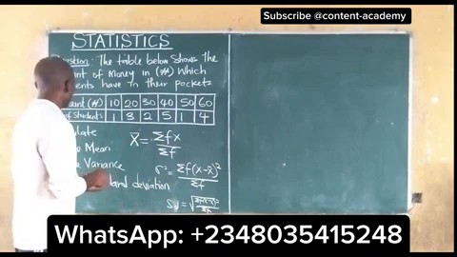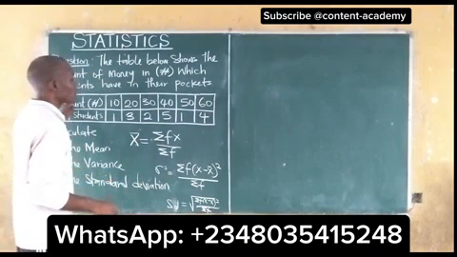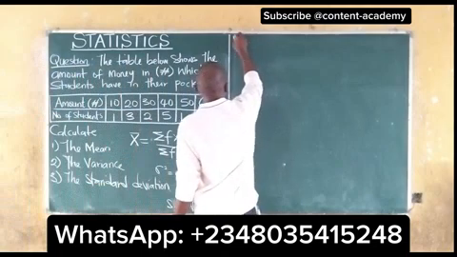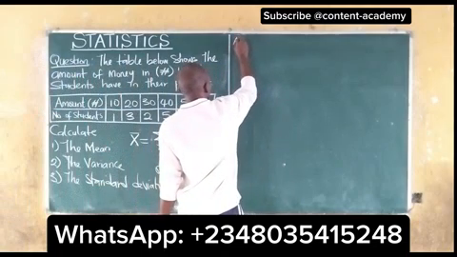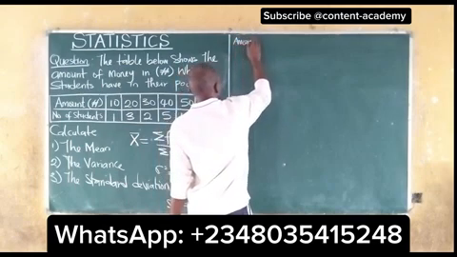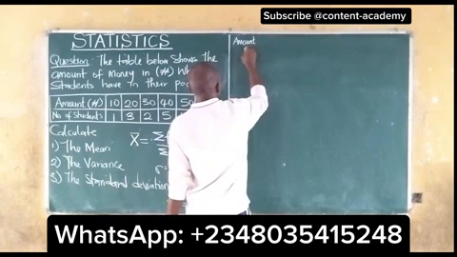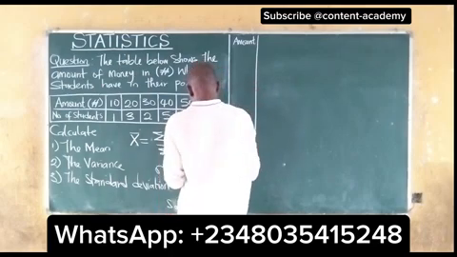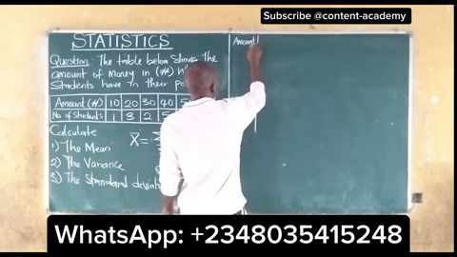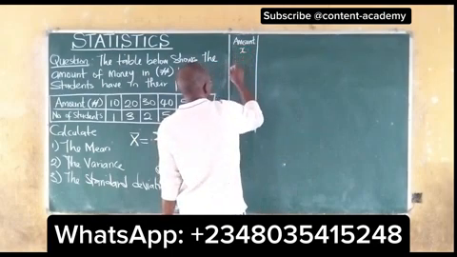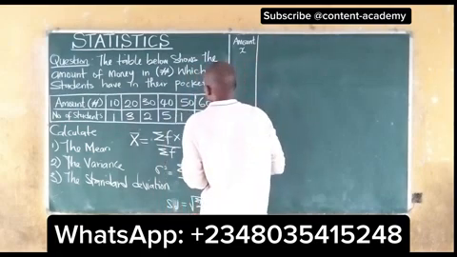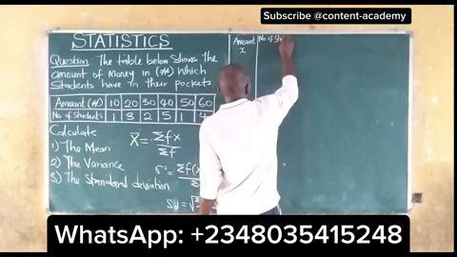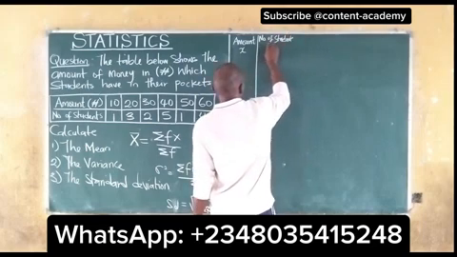So that is it. Now, the first thing for us to do is to rewrite this out properly. We'll form our table. Our first column here will be amount, which is x. We also have number of students, which is our f value.